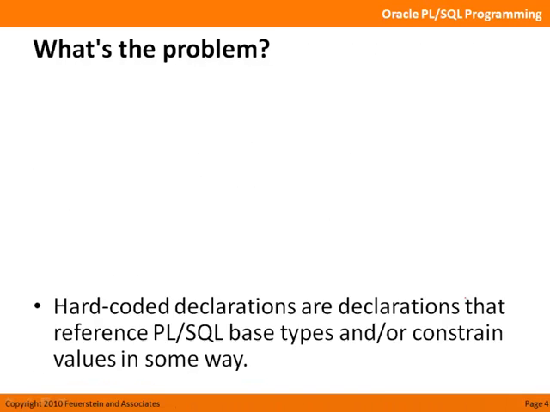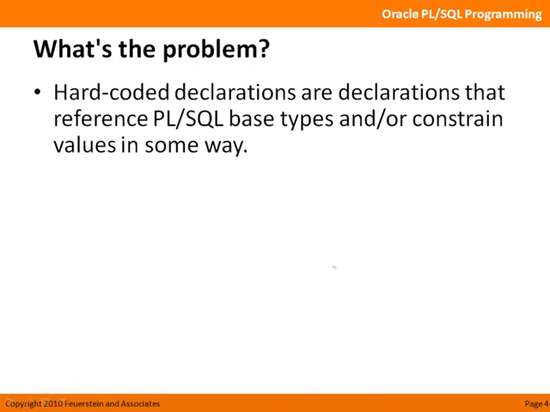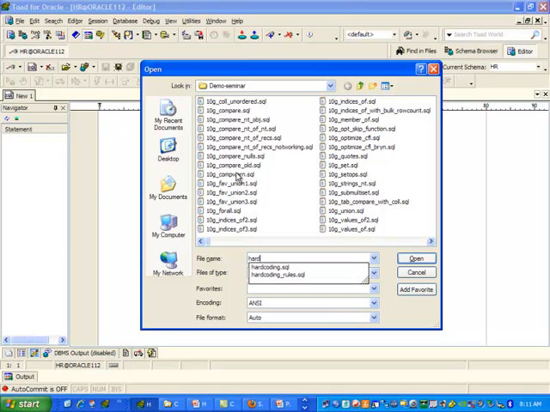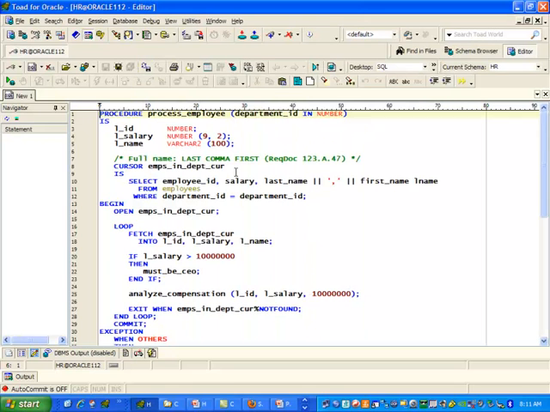So what's the problem? Well, first of all, a hard-coded declaration is a declaration that references the PL/SQL base types and/or constrains the values in some ways. Let's take a look at an example. This is the same code that I used in my introduction and concepts to point out many different kinds of hardcoding. And what you see here at the top are a number of declarations that are both hard-coded to the base data type and constrained.